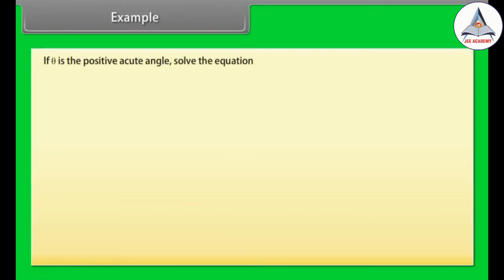Example. If θ is a positive acute angle, solve the equation 4 cos² θ − 4 sin θ = 1.